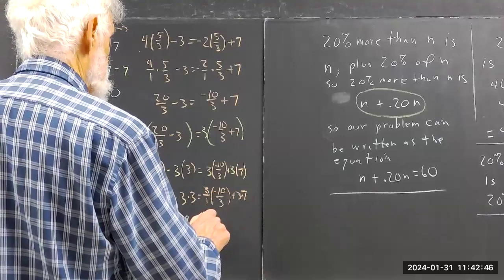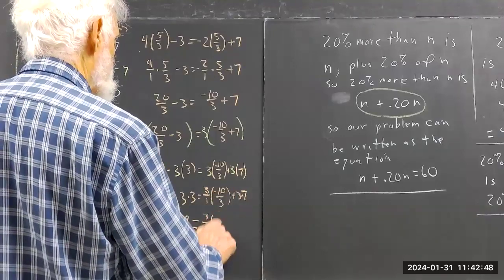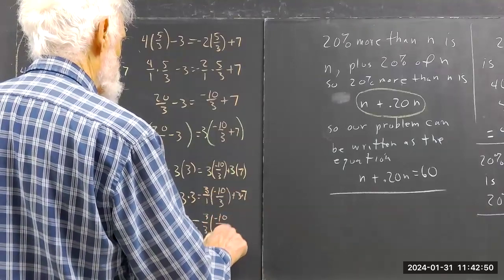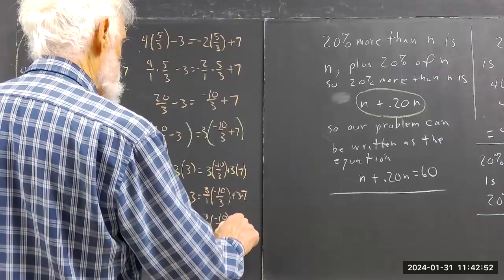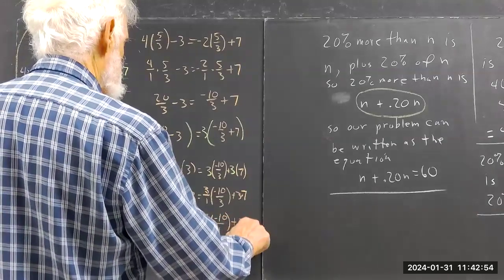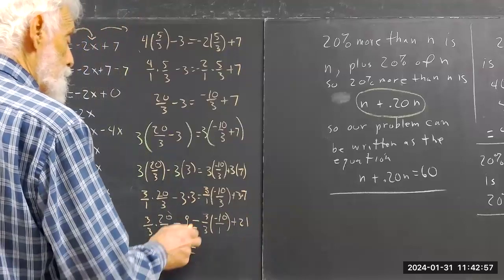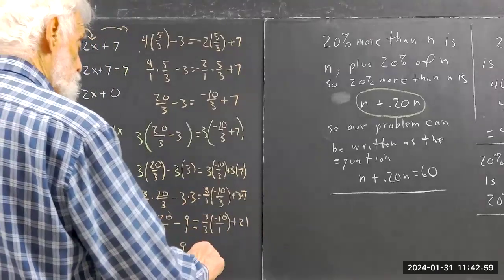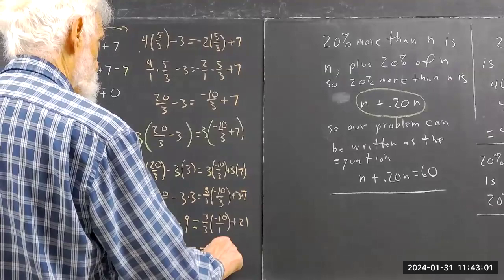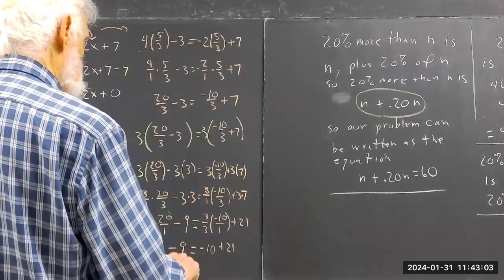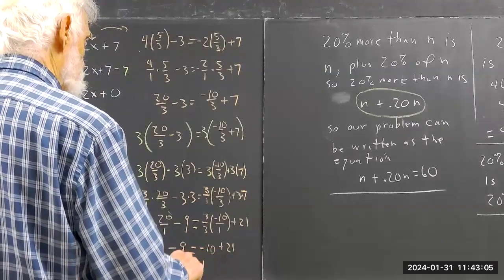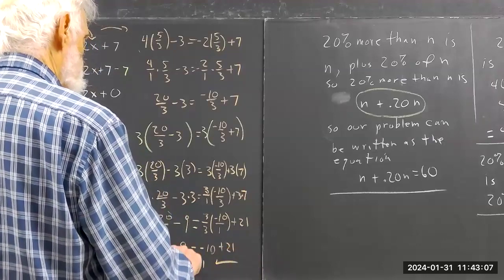Well, this could be written as 3/3 times negative 10/1 plus 21. Well, again, the 3 divides the 3, you get 1, you get negative 10 plus 21, you get 11 equals 11. And now we've checked it.